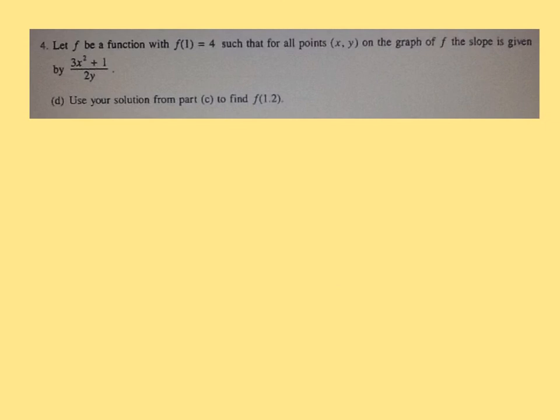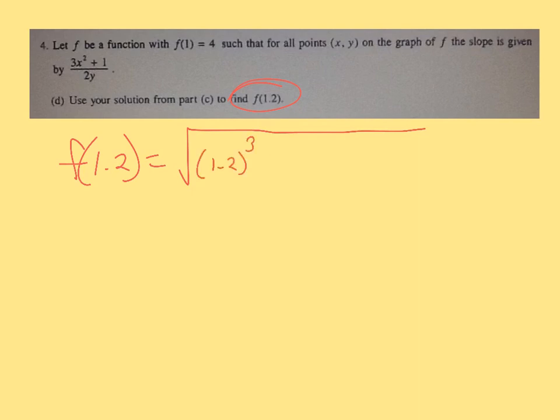Now that we've solved that differential, and I hope that is getting a little easier every time we do that, we're going to use that to find the actual value of f of 1.2. All right, so f of x, we're going to do f of 1.2. That is the square root of 1.2 cubed plus 1.2 plus 14. Well, this now becomes a calculator question.